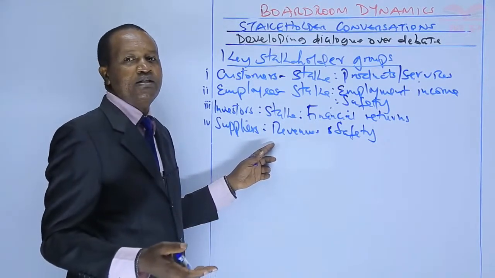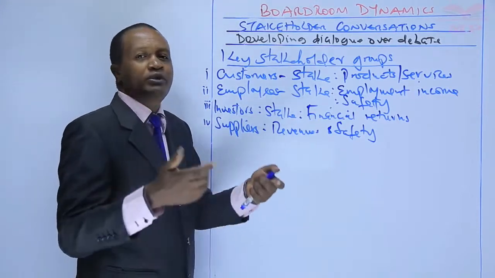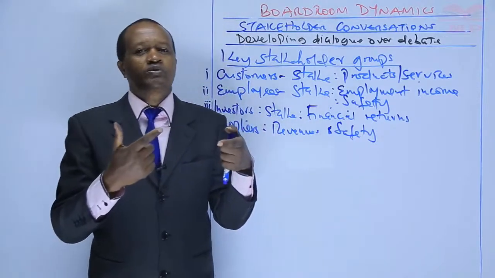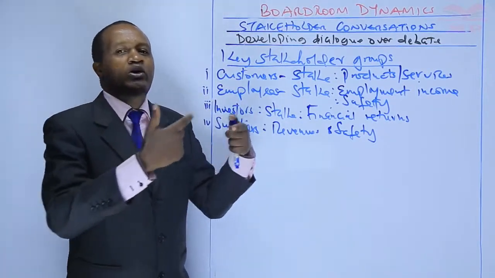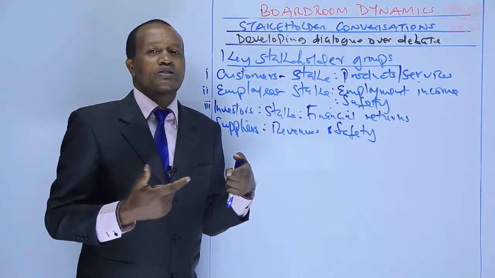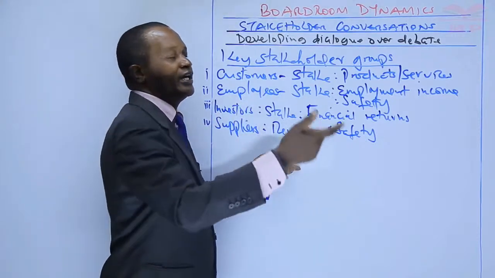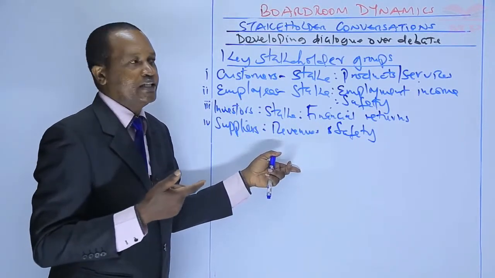Suppliers or vendors sell goods or services to the business, and they rely on it for revenue generation and ongoing income. And in many industries, suppliers also have their health and safety on the line.